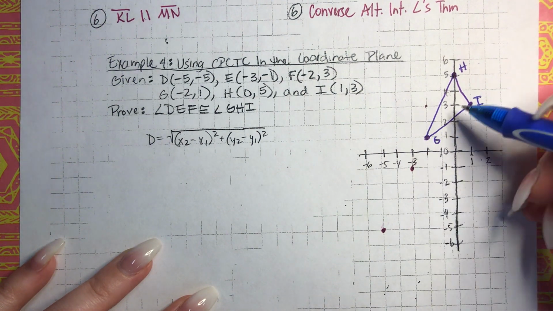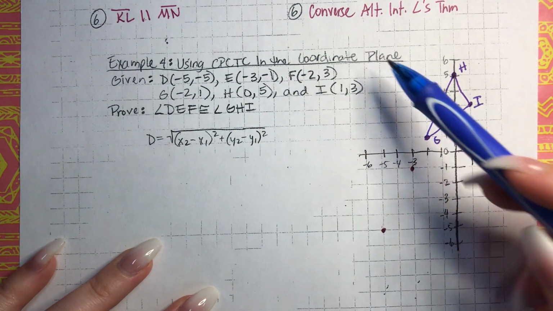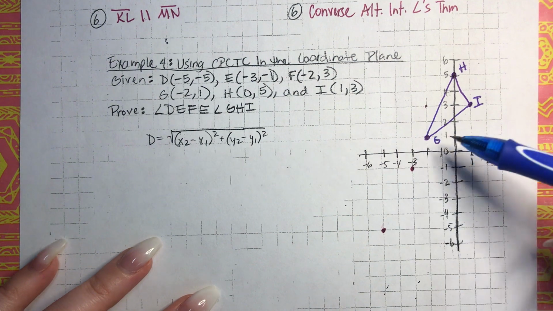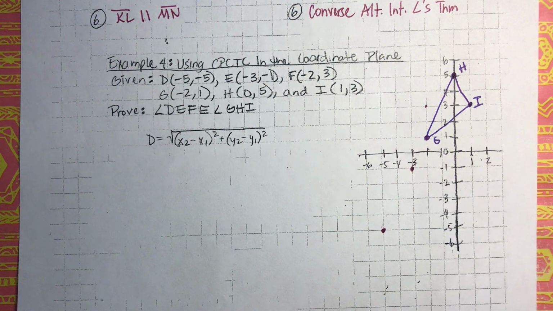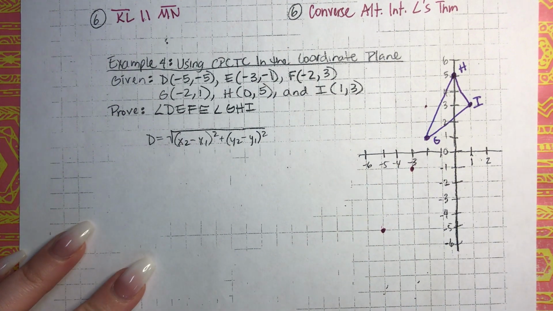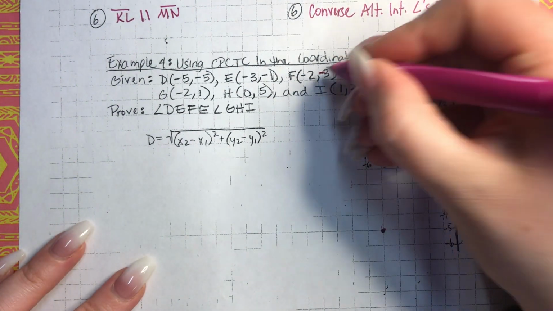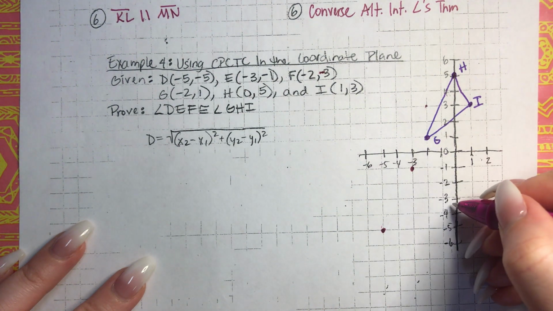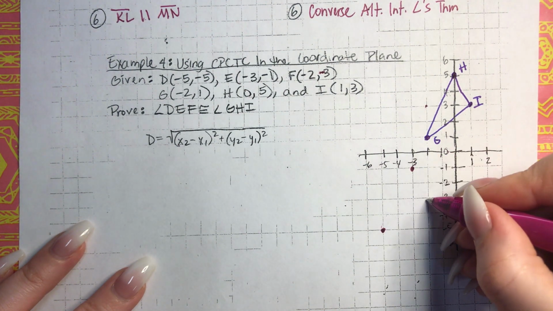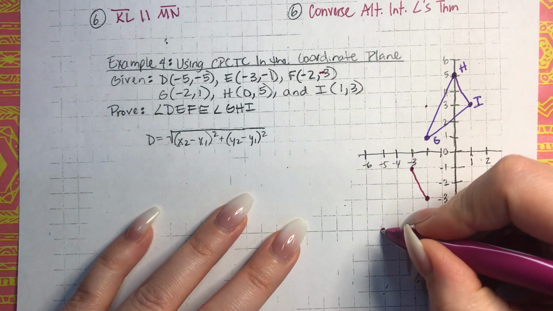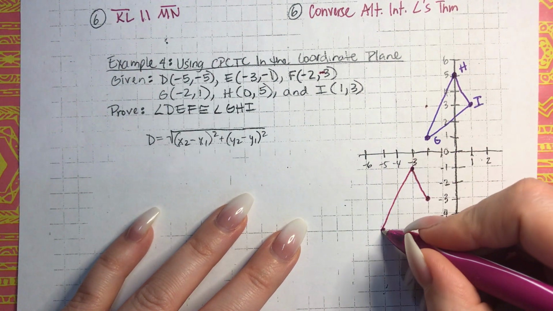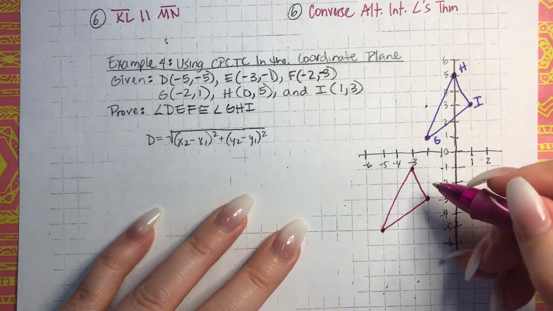Okay. So we're supposed to be using CPCTC. I know that those triangles aren't right, so I'm pretty sure that this 3 is supposed to be a -3. And if we change that to a -3, right? -2, -3, then those two triangles now look like they would be right.